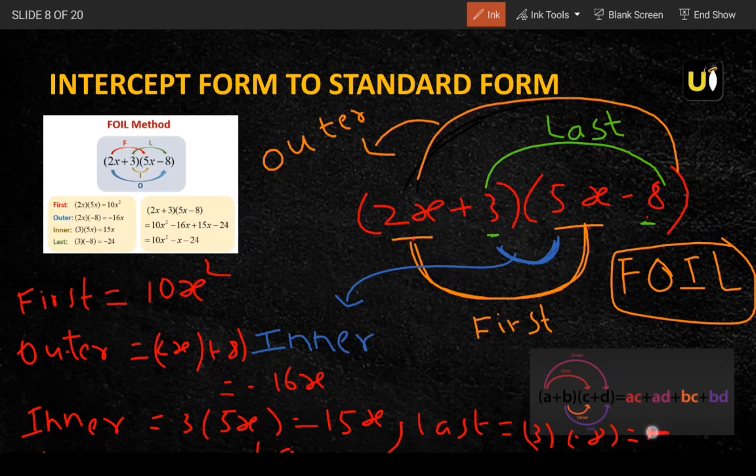Next, the outer one will give you 3x into 1, that is 3x. Next, inner. Minus 4 into 5x, that is minus 20x. The last one is minus 4 into 1, that is minus 4.